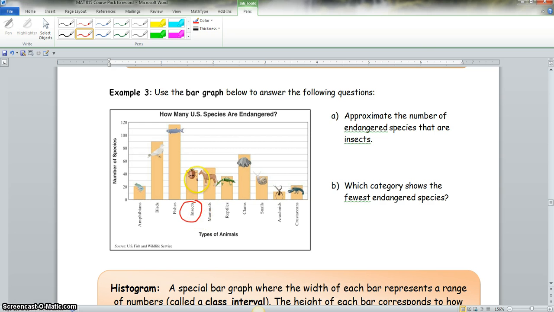Now if we look here, this looks like a little bit over 40, but not quite 50, so that looks about 45. So we could write down 45. Now, it says which category shows the fewest endangered species. Which one has the fewest endangered species? It looks like the arachnids.